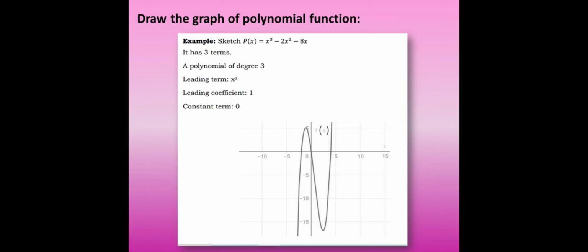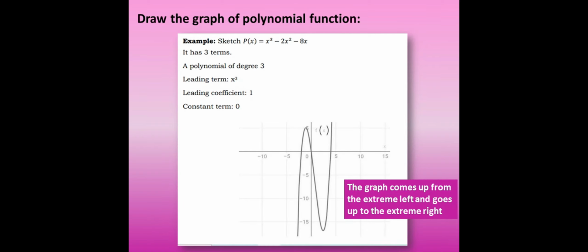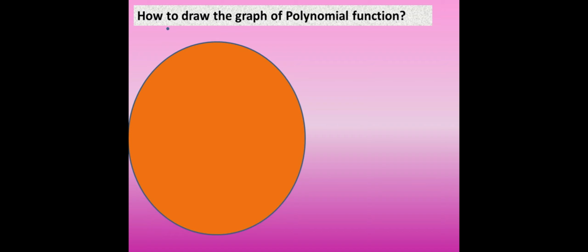It has three terms, and it has no constant term. It is therefore a polynomial of degree 3 because the highest exponent is 3, and the leading term is x cubed.